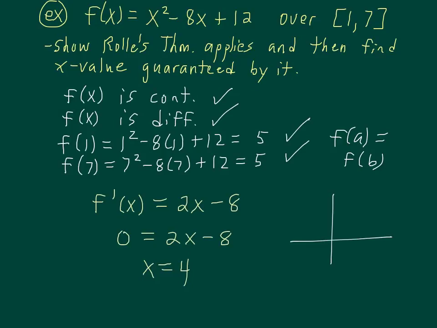If you were to sketch a quick picture of this function, the y-intercept is 12. It would drop down like this, open upward. Okay. Now, we know it's going to pass through the points (1, 5) and (7, 5). Okay, so it guarantees that we're going to have a point where the slope is equal to 0. Well, that happens when x is 4. Okay?